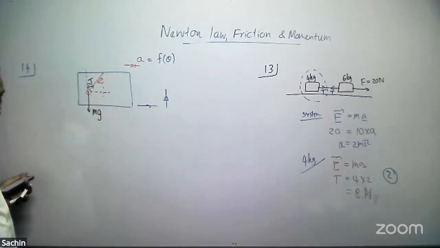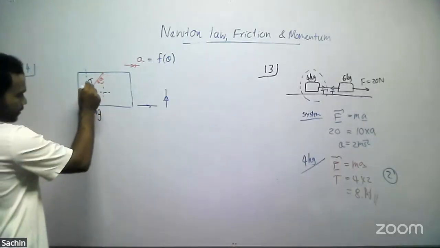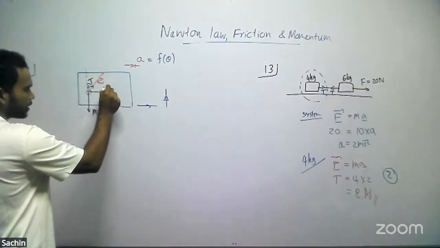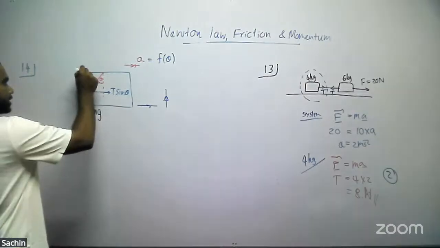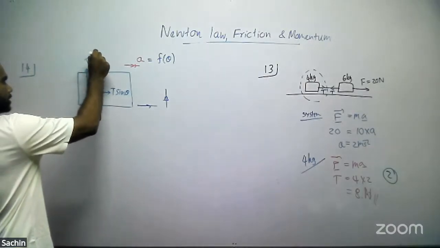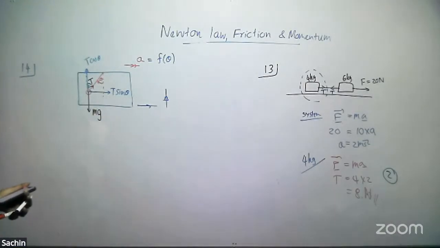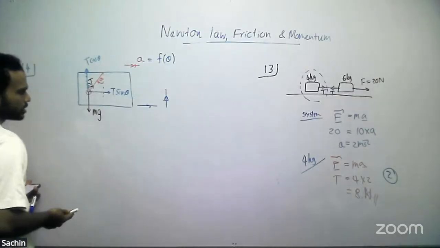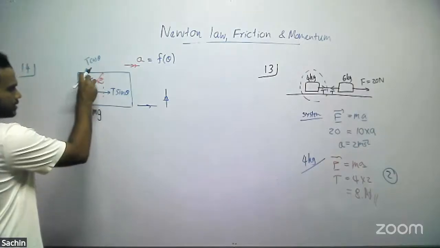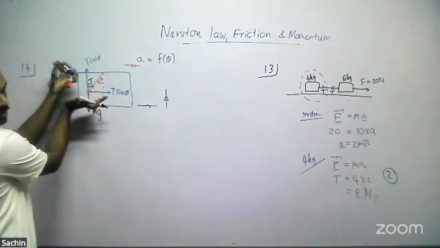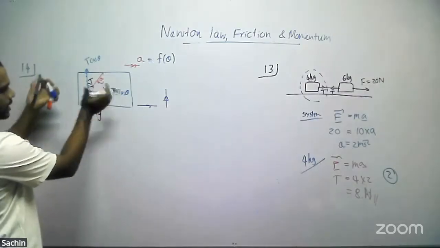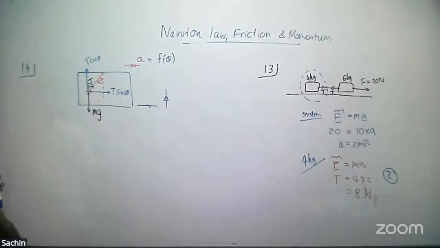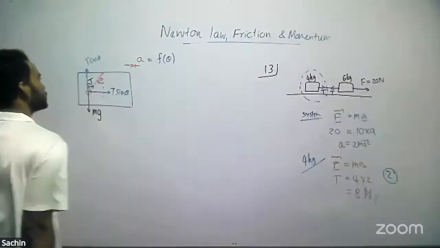So the component along this side should be T sin theta, and the vertical component should be T cos theta. If anyone does not remember what resolution is, it means you can replace this single force with two forces perpendicular to each other. Perpendicular forces can never affect each other. Okay, now we can think easily.